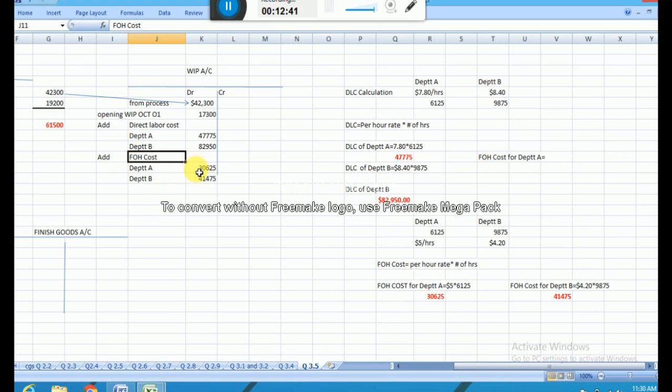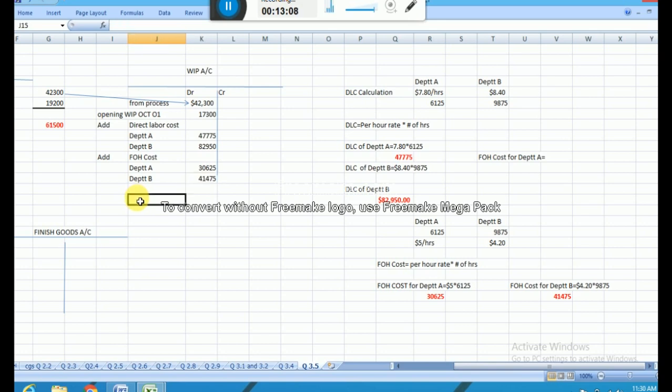Further, in department A the factory overhead is 30,625, and in department B the factory overhead is 41,475.